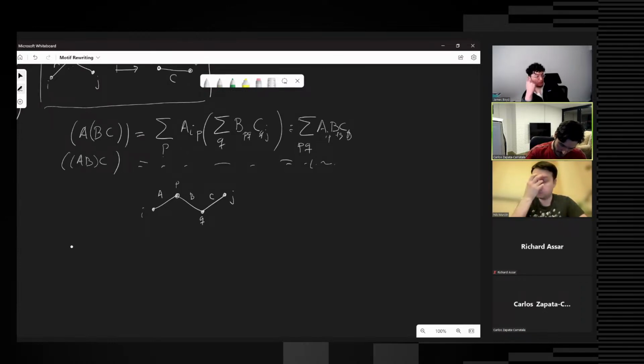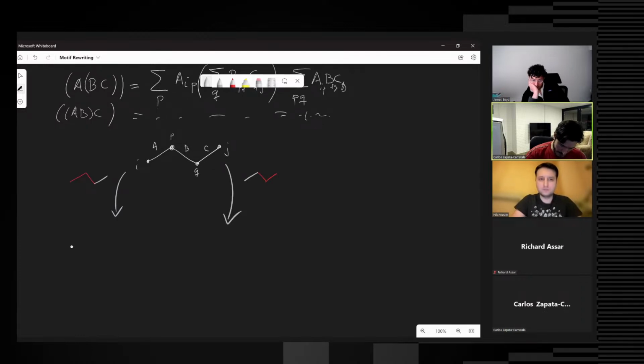So maybe I will highlight something like this. So I highlight this position and I highlight this position. And so I continue. So this is that position and this is that position. And so this gets rewritten in two different ways.